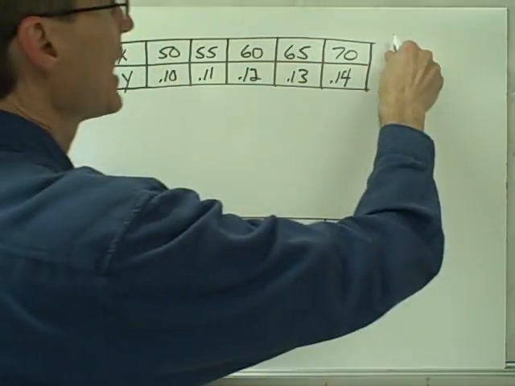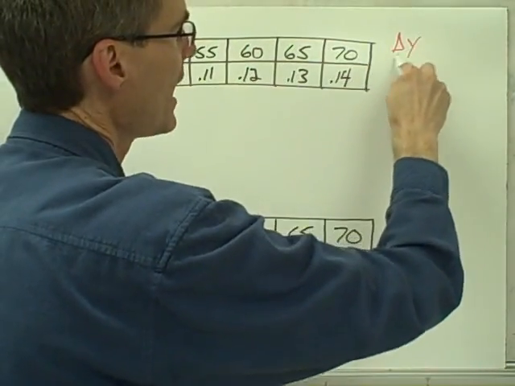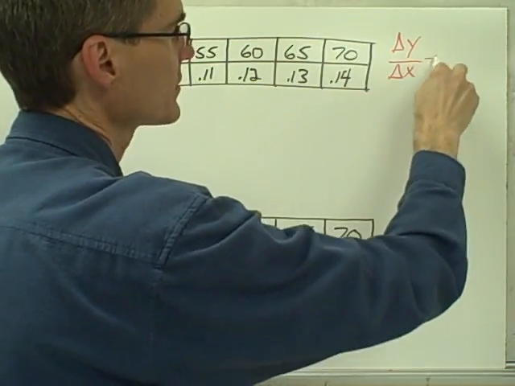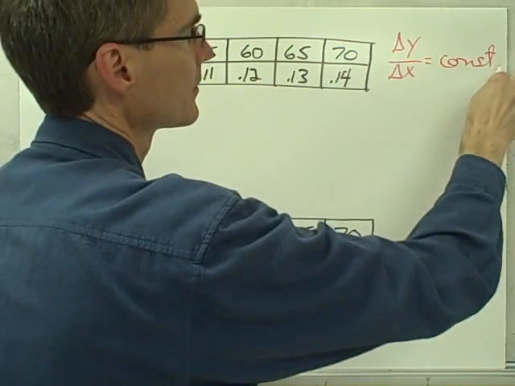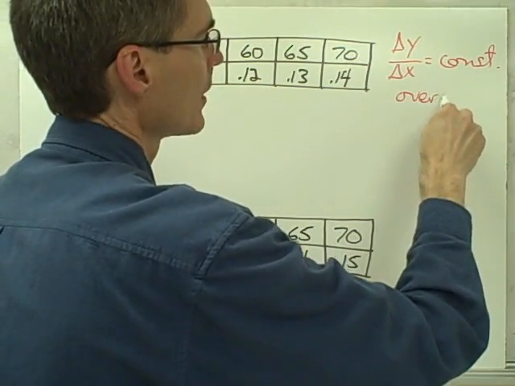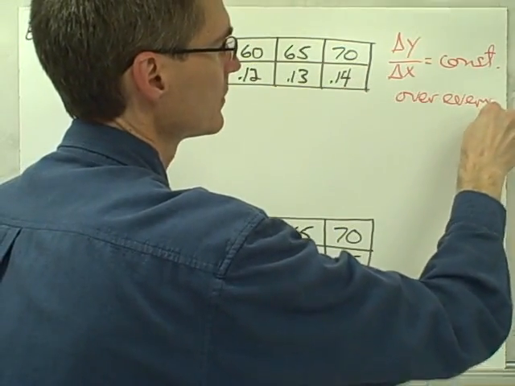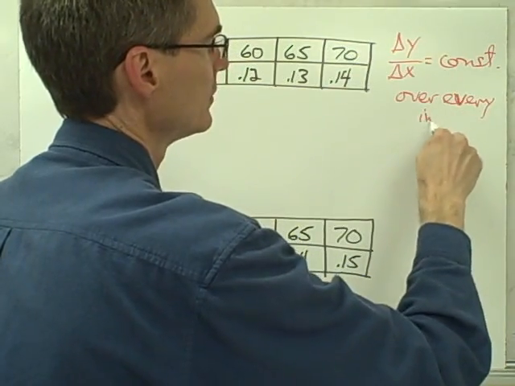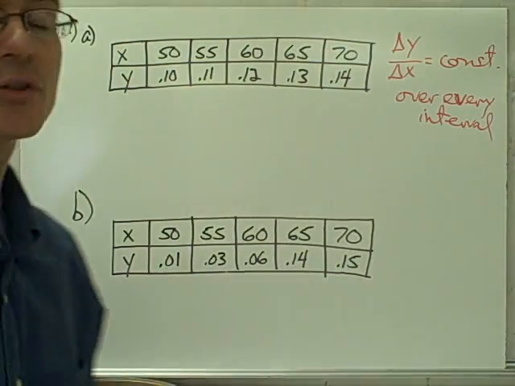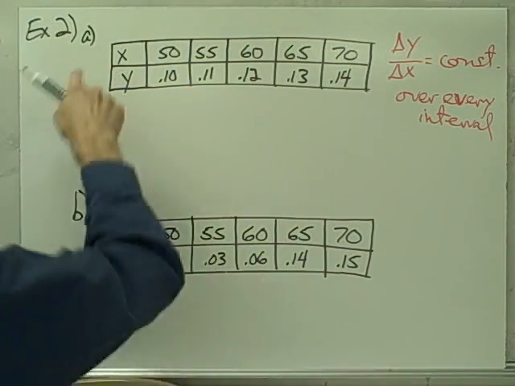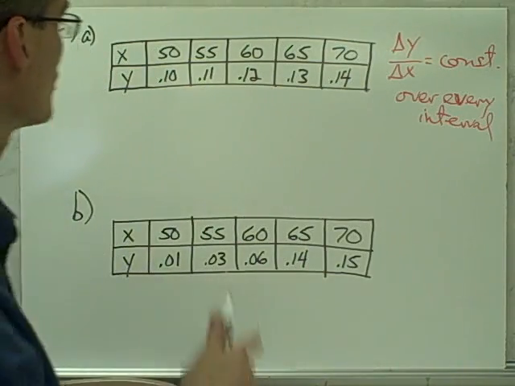In other words, I know that delta y over delta x, which is the rate of change, this number has got to be constant over every interval. Well, let's take a look at delta y over delta x for each one of these functions and see if they're constant over every interval.